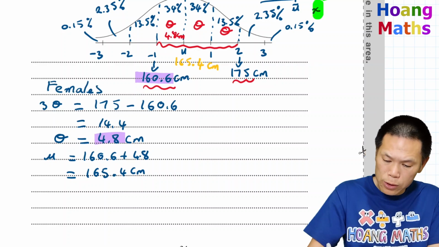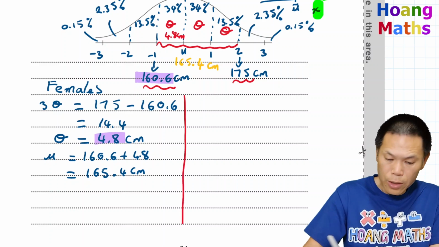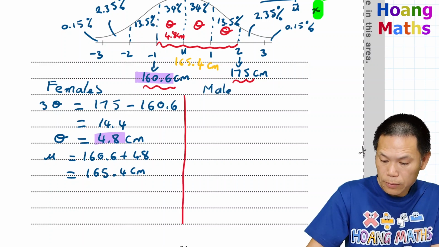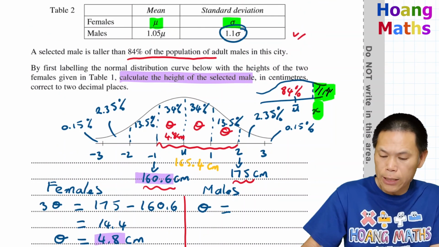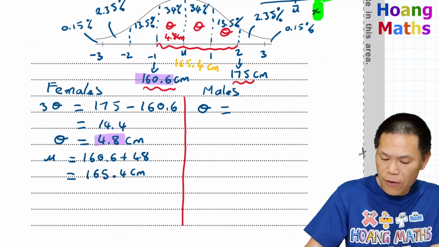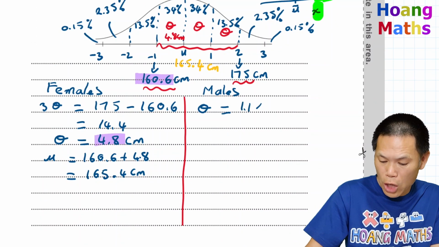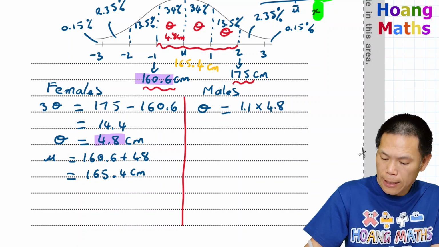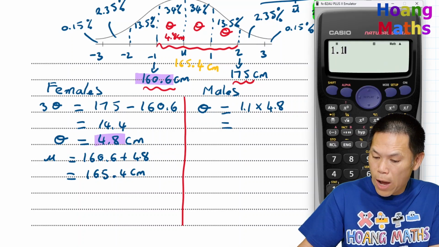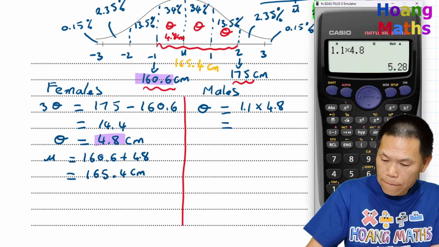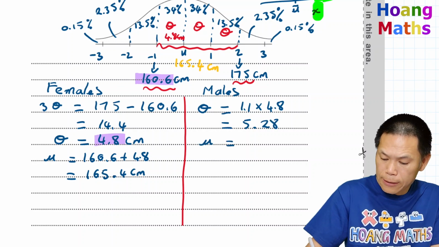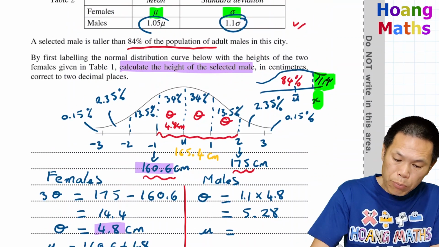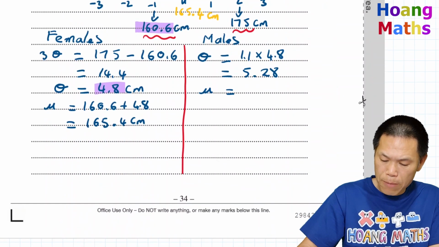And then to work out males, let me just draw a line here. So for males, the standard deviation is equal to, from this table here, okay? So 1.1 times the standard deviation of females. So 1.1 times 4.8. So that is 5.28. And then the mean is 1.05 of the females.